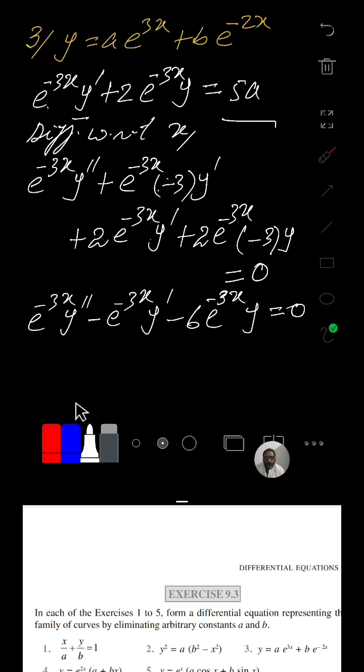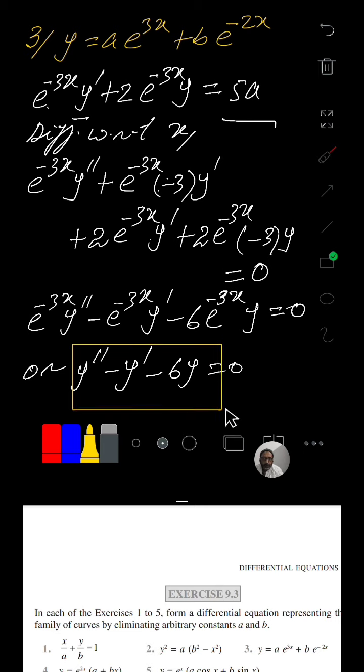Now, in order to simplify, just divide both sides by e raised to the power minus 3x. We get y double dash minus y dash minus 6y is equal to 0. And this is the required differential equation for the given solution.